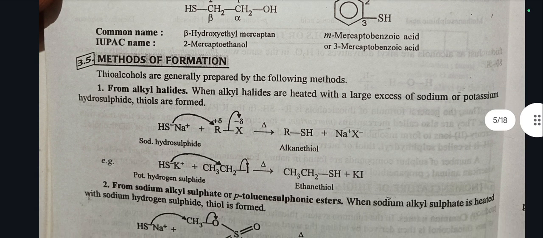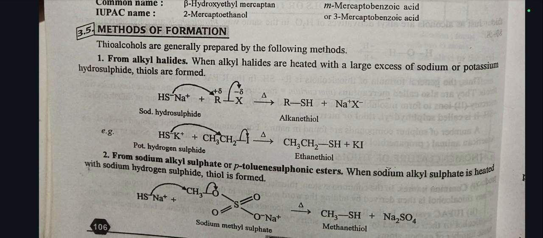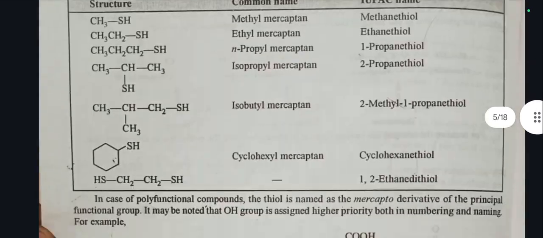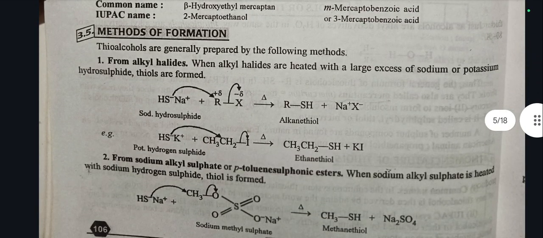Methods of formation. Here are the methods of formation of thiols, that is, thioalcohols. Firstly, from alkyl halides.